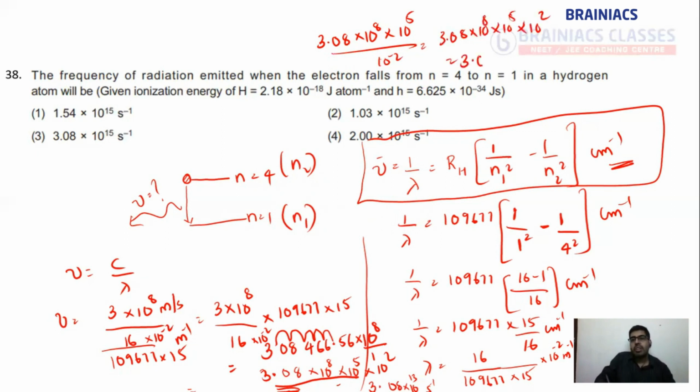You will get 3.08 into 10 raised to 15. Answer option 3. I think it's clear. I forgot to write the centimeter inverse, that's why 10 raised to 2 was missing. The 10 raised to 2 comes from converting centimeter inverse to meter inverse, 10 raised to minus 2. Moving to the next question, next part.